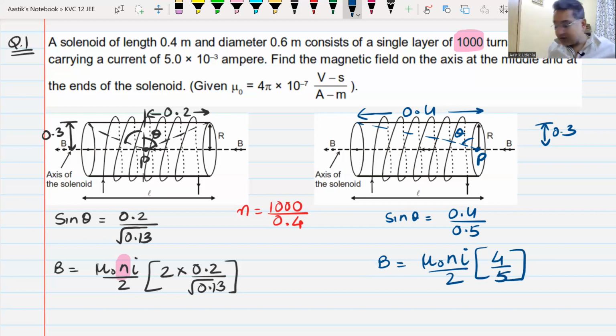So the answer in the first case is this. The answer in the second case is this. Do we understand this? Sir. In both the cases, you just had to find out the values of the two angles.